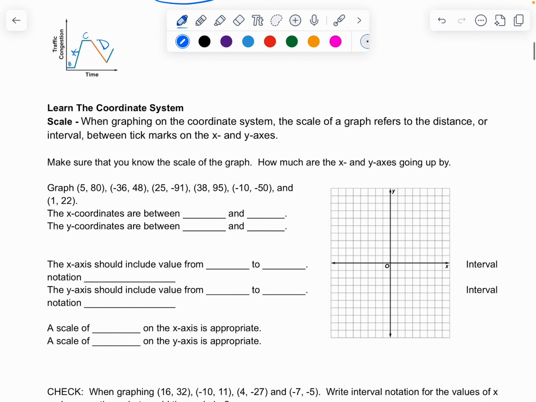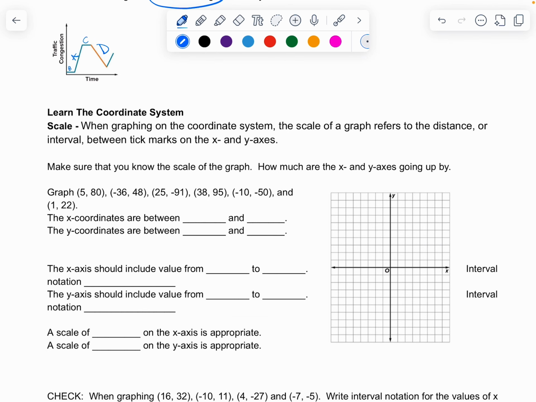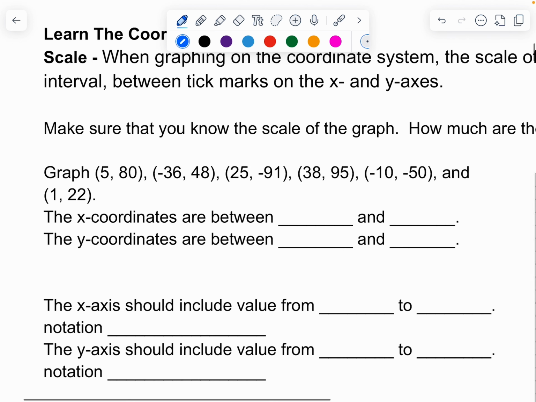Okay, this next part: when graphing on the coordinate system, the scale of the graph refers to the distance or interval between each tick mark on the x and y axis. Make sure that you know the scale of the graph. How much are the x and y axis going up by? So if I look at this right here, I want to look for the highest and lowest of the x values.